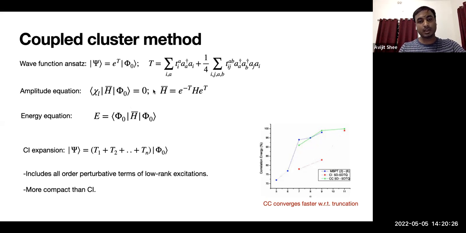Then you end up getting these equations, and from these equations you evaluate all these amplitudes, and then you plug them back in the coupled cluster energy equation to get the coupled cluster energy. So this all looks very simple up until now.